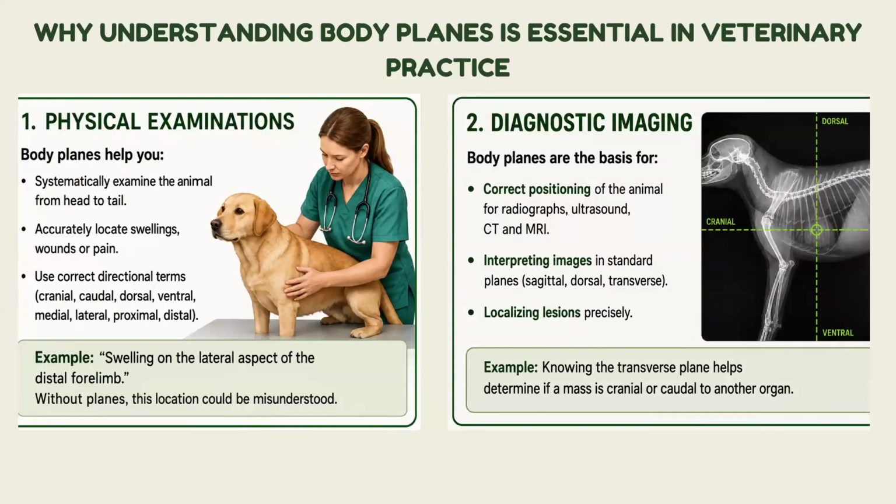Now, two, diagnostic imaging. Body planes are very good because they help to position the animal in the right place while taking a radiograph, using an ultrasound on the animal, or running a CT scan or an MRI, that's magnetic resonance.